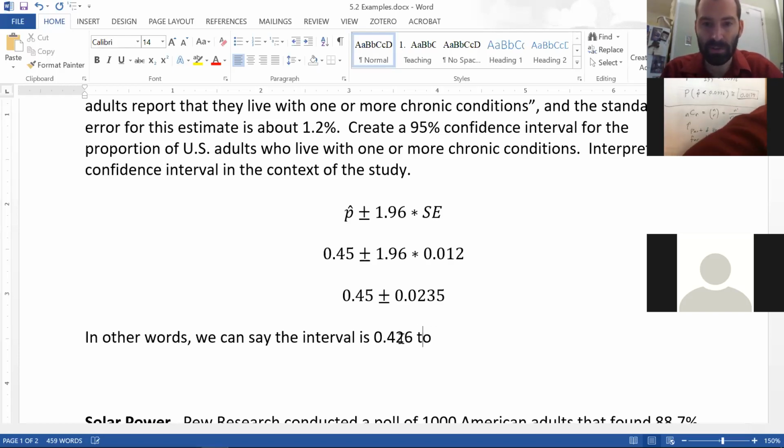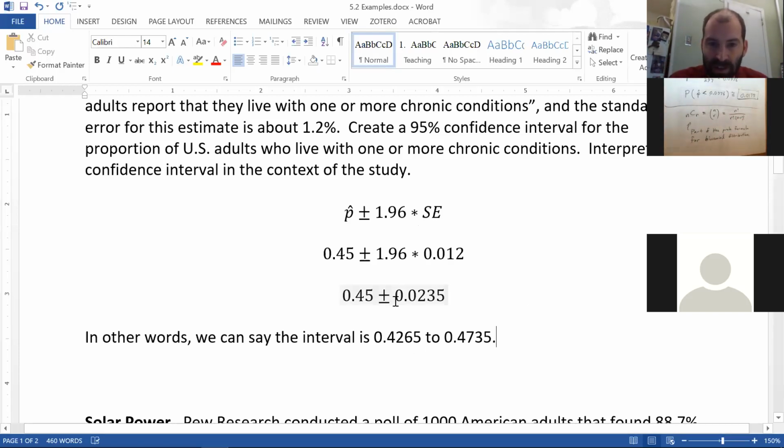Oops, forgot the 5 there, to 0.45 plus this amount. So if I add that, 0.4735. That's another way to write it down. Same thing, right? So that's what plus or minus means. You subtract and then you add, and the interval ranges from this value to that value.